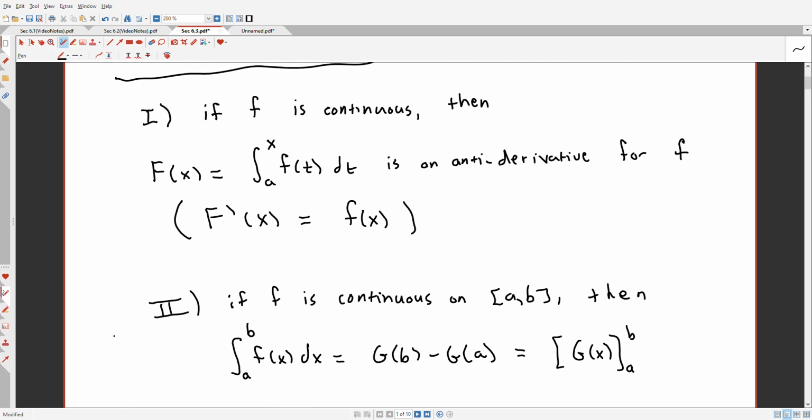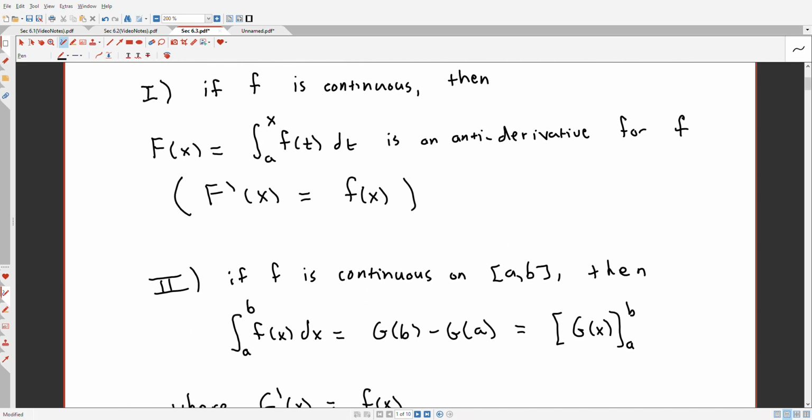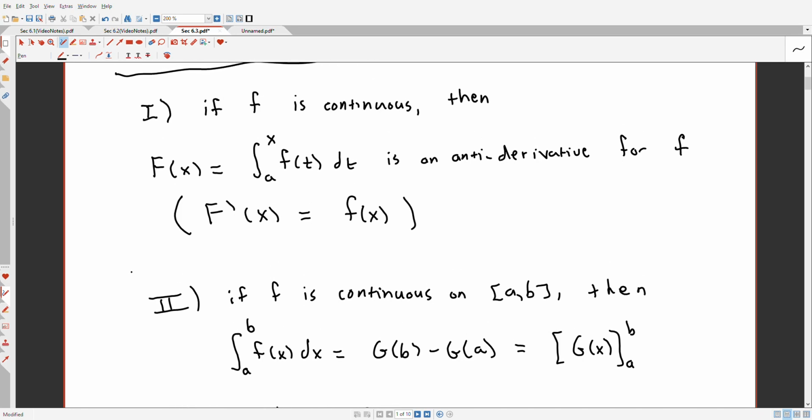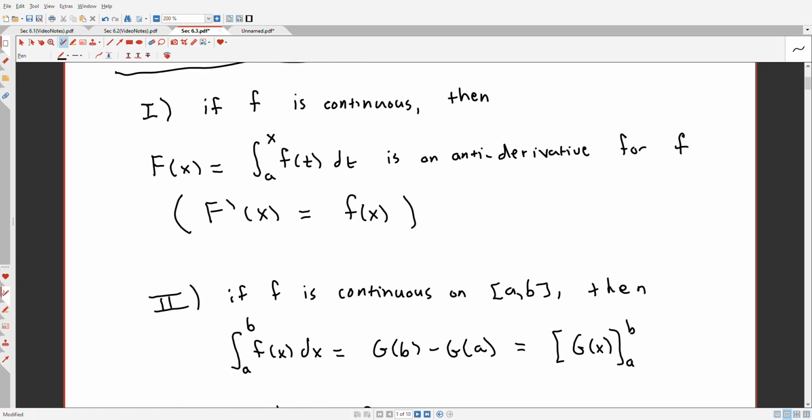So these were our two theorems, and in shorter words, what Part 1 is saying is something like this, and I'll maybe write this in a different color. The derivative of an integral is the original function.